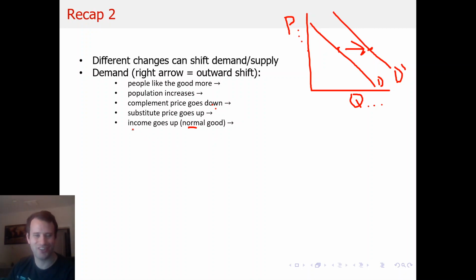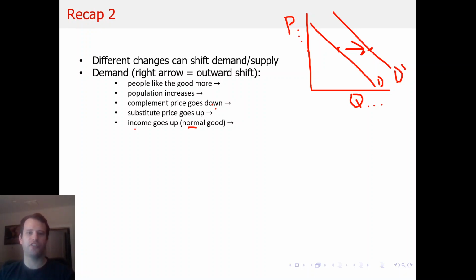So this is what you call tautology, where I just explain the question using the definition of the question. But a normal good is a good for which, when income increases, demand goes up. I will tell you if something is a normal or inferior good, but most people will be able to suss it out using just logic alone, based on what you've seen.